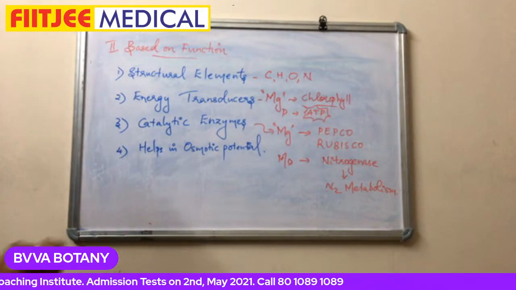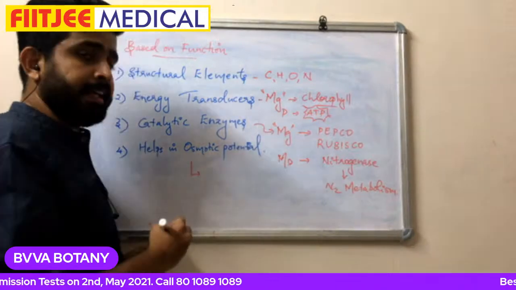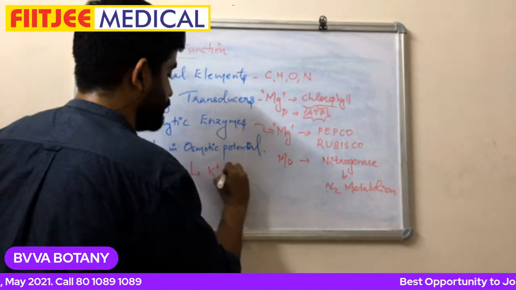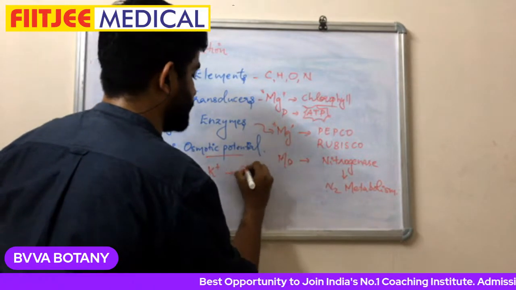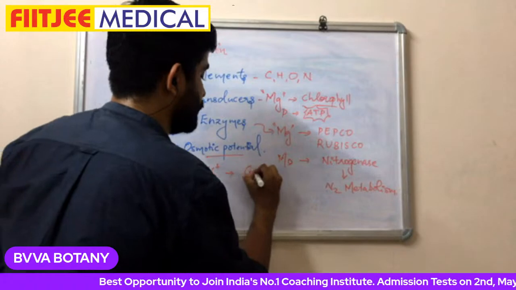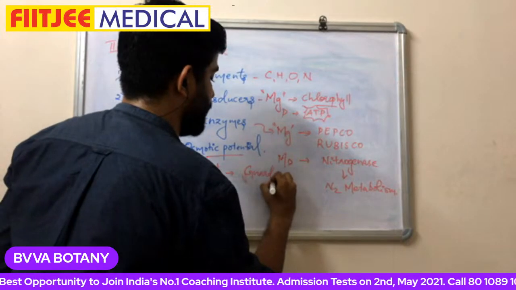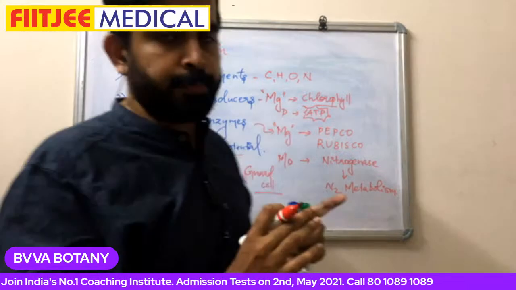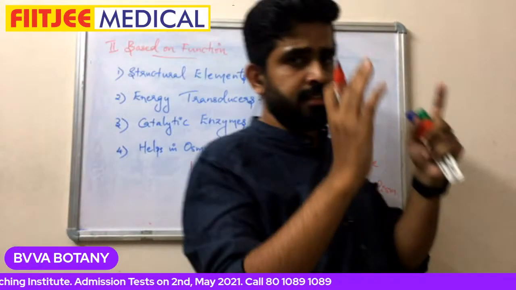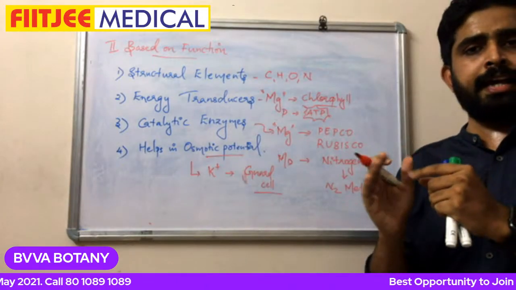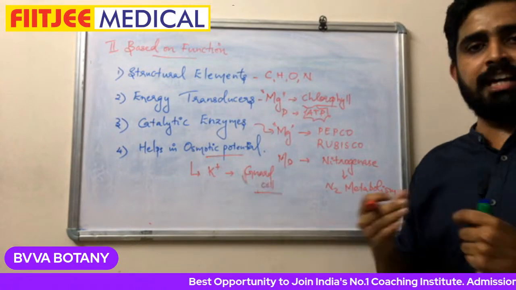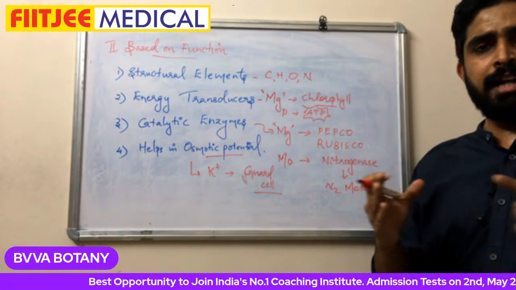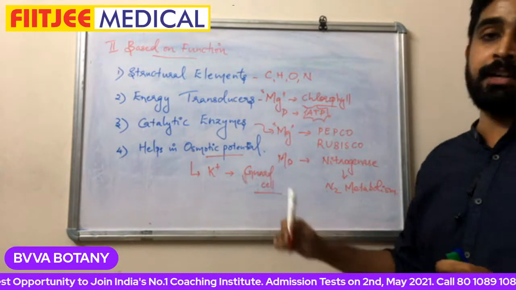And for osmotic potential, we take the potassium ion, because potassium is responsible for maintaining the osmotic potential in the guard cells. The stomata has cells known as guard cells, and these guard cells are responsible for opening and closing. When water enters the guard cell, the stomata will be opened. And when water leaves the guard cell, the stomata will be closed.